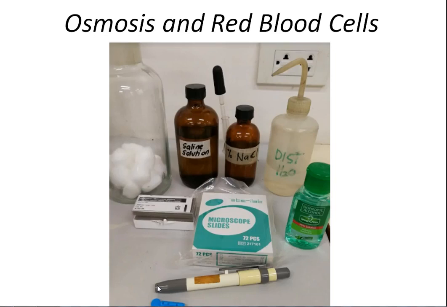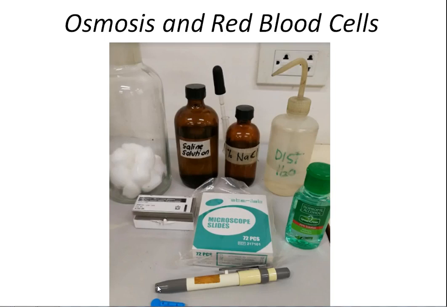Now, apply the drop on the labeled slide, one drop on each slide. And then, on each slide, we place a drop of the respective reagent. So, if the label says 0.9% sodium chloride, you add 0.9% sodium chloride on that slide. If it says distilled water, we add a drop of distilled water, and then we place our cover slip on top of it.